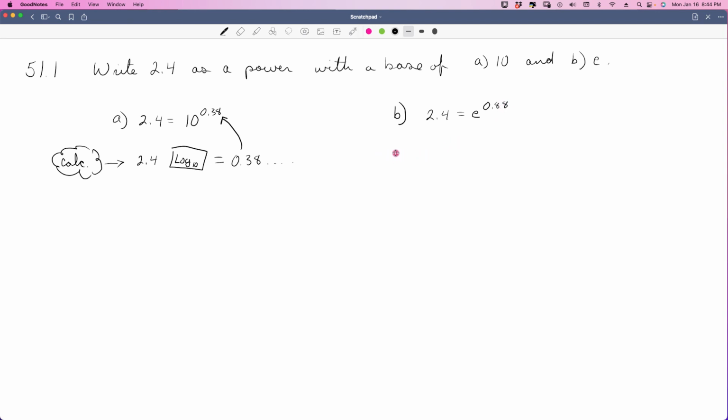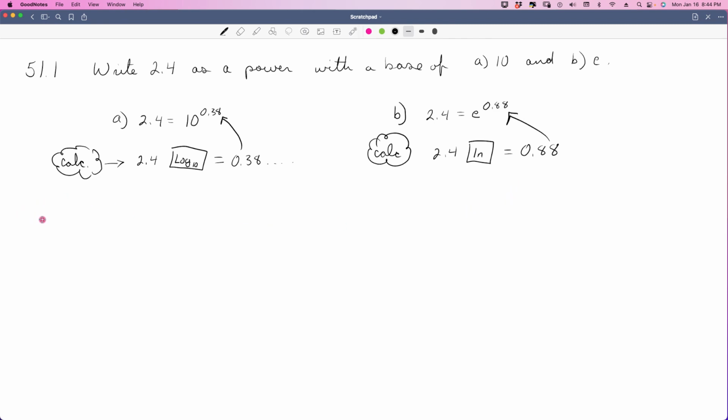So again, the way we would calculate that would be 2.4, and then we would press the ln key, and then that would give us the number that we rounded to 0.88, which would become our exponent. All right, so that is how you're going to solve these types of problems going forward into the future.